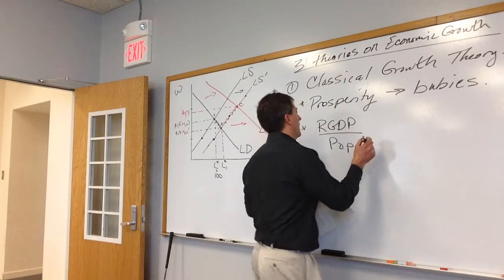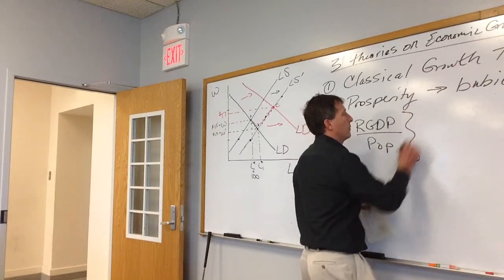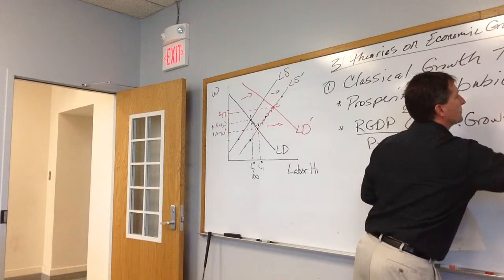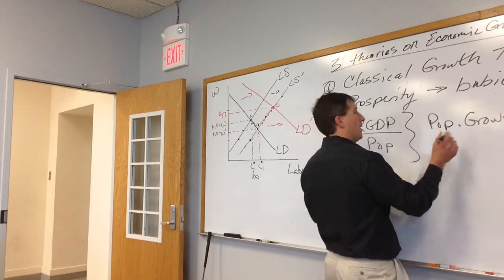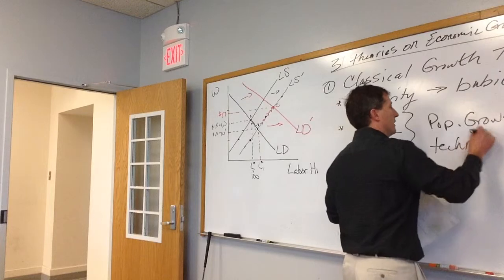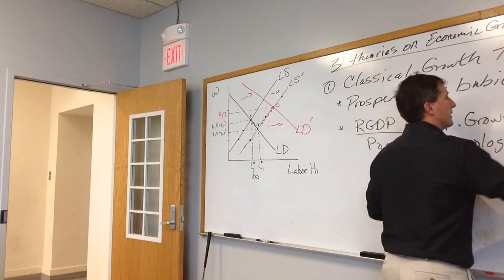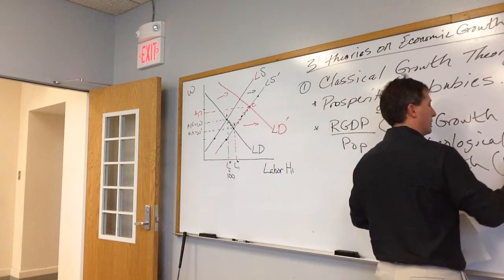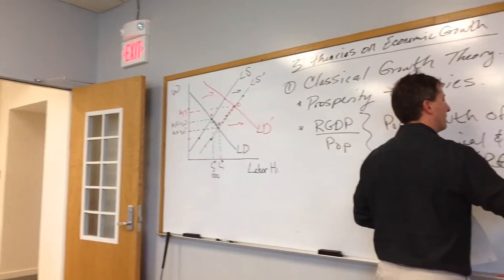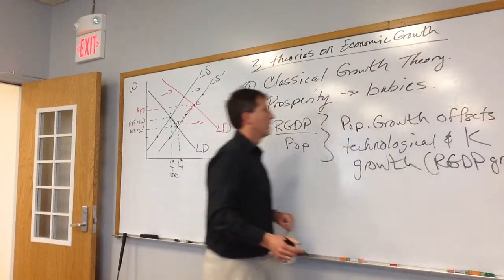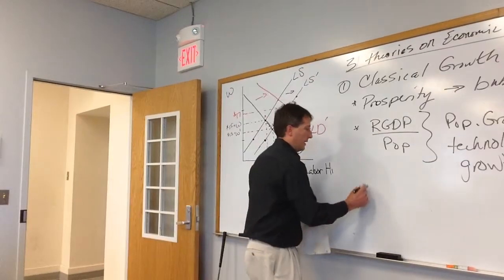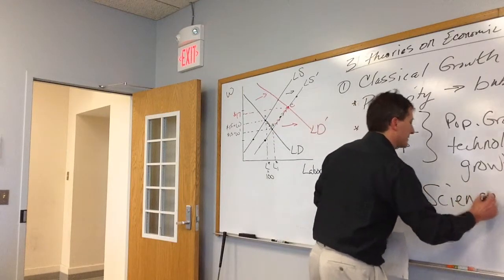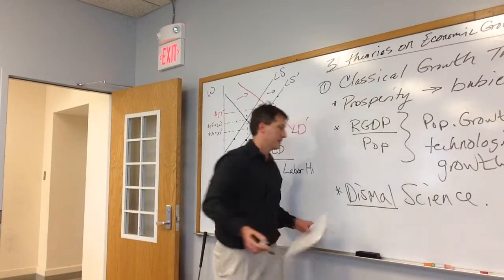And so population growth offsets technological and capital growth, real GDP growth. And this is where economics got coined the dismal science.